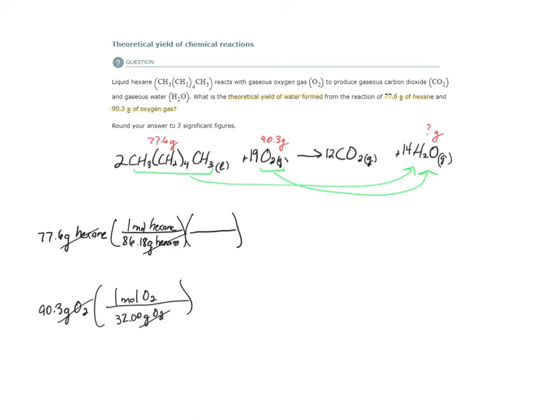The conversion factor reads as follows. 2 moles of hexane are consumed to produce 14 moles of water. Now, if I stop, I know how many moles of water I can produce from 77.6 grams of hexane. On the other hand, we can do the same thing for oxygen. The balanced equation reads 19 moles of oxygen are consumed to produce 14 moles of water.